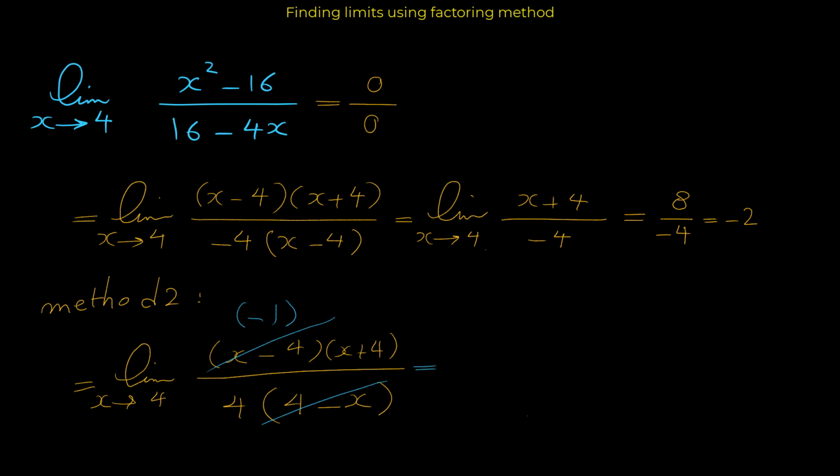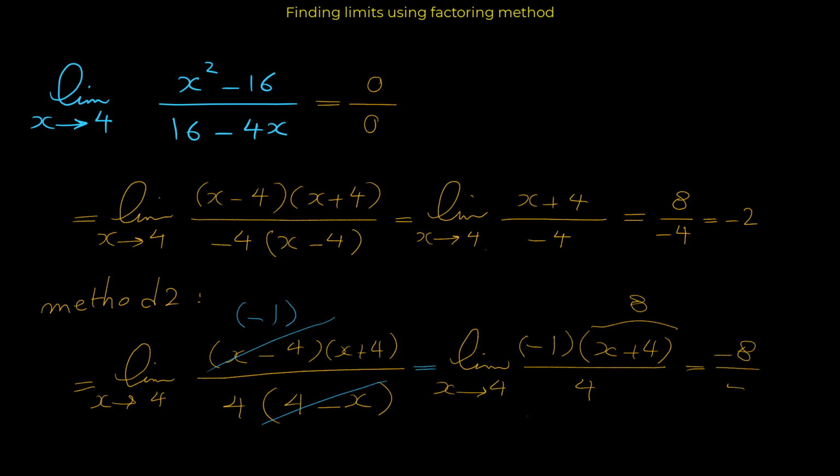So then we have the limit of negative times x plus 4 over 4 as x approaches 4. Substitute 4 for x. Then you have 4 plus 4, 8. 8 times negative 1 is negative 8, all over 4, and the answer is negative 2.